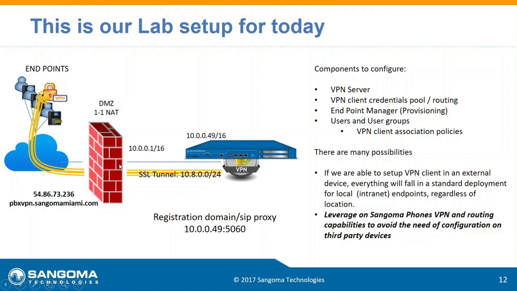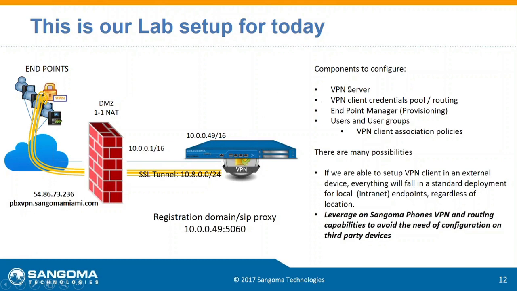We have a router firewall, and a public IP address associated one-to-one to this internal IP address. This is going to be our public IP address, where the phones are going to point as the termination point for the VPN tunnel. We are also going to use a domain, an FQDN, that resolves to this IP address.